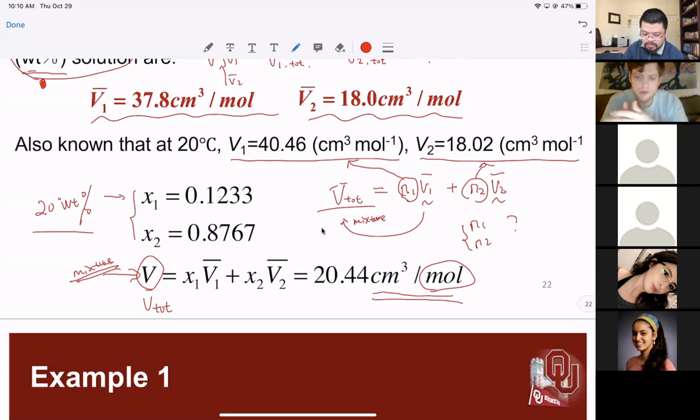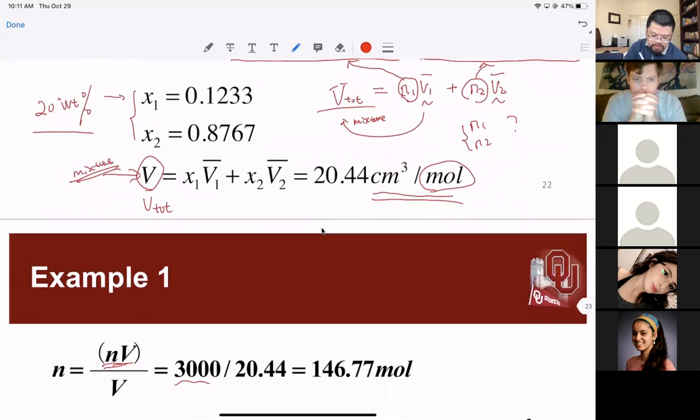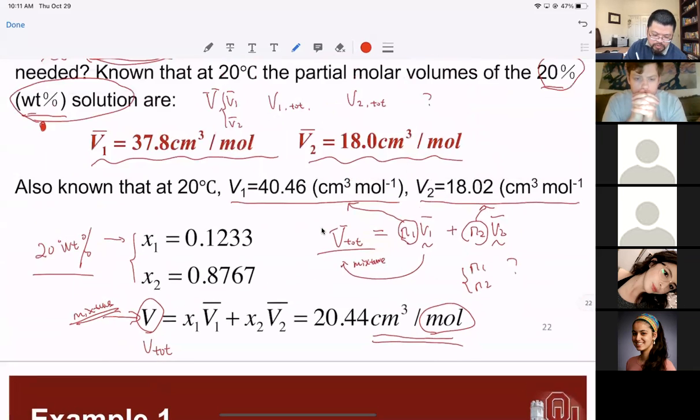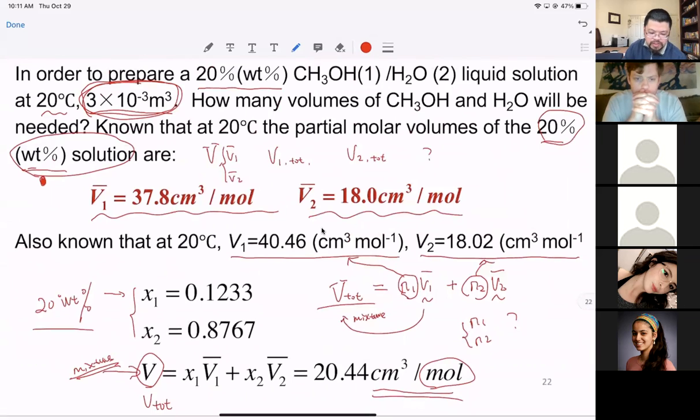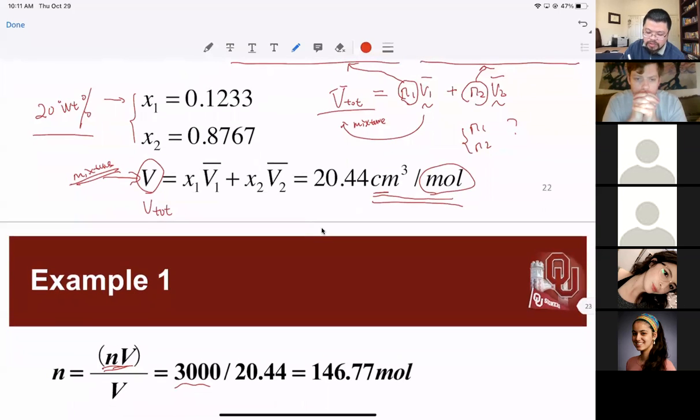Yes. So now if I know the actual total volume, which is a problem statement that says I have 3 times 10 to minus 3 cubic meter, then I need to run the unit conversion, and I divide this specific volume. I can figure out what is the number of mole for the mixture.